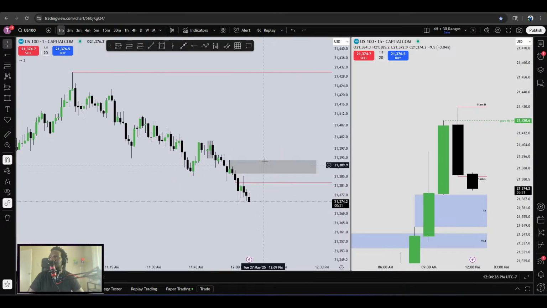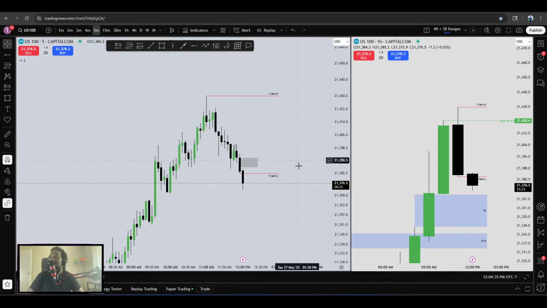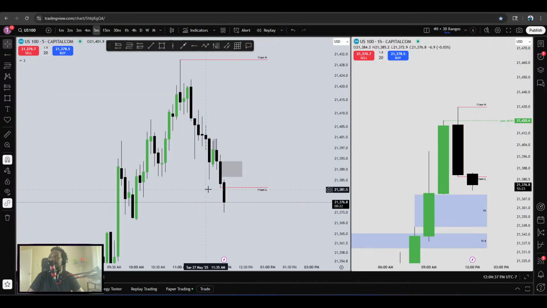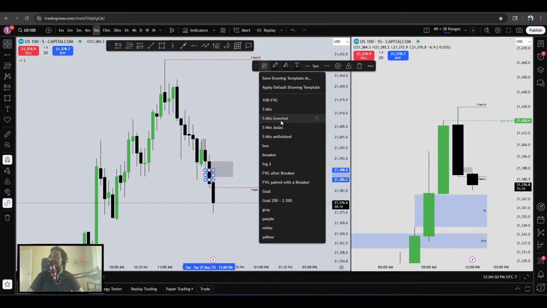I'll just use this one. Now if we keep going down, then we do have this small one here. All I need to see though is a 5-minute order block confirmation. The best one will be a series of these 3, but the first one will be enough for me. And depending on how this one closes, we do have a 5-minute fair value gap. So if we can come in and reverse that, that would be nice.